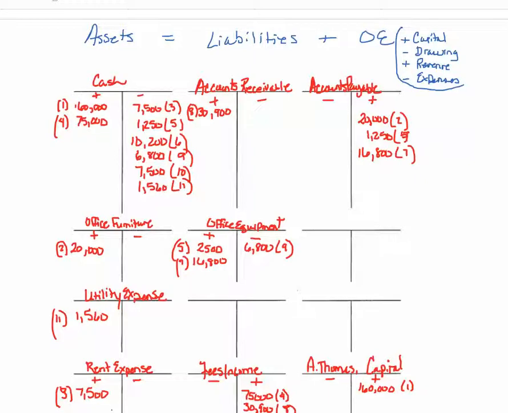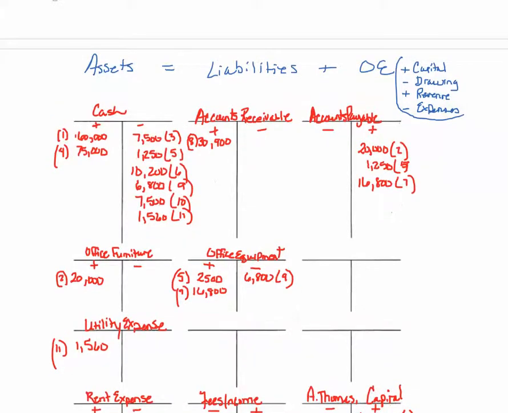Okay, so let's look at the T accounts we've got here. So we've got cash. Cash is an asset. Accounts receivable is an asset. Accounts payable is a liability. Office furniture is an asset. Office equipment is an asset.